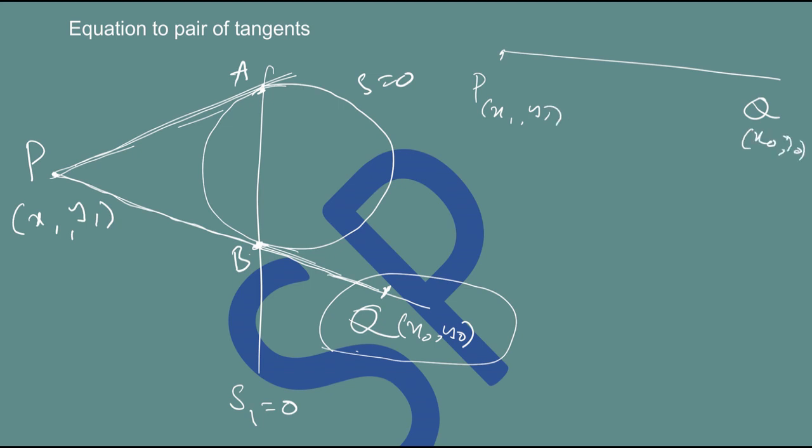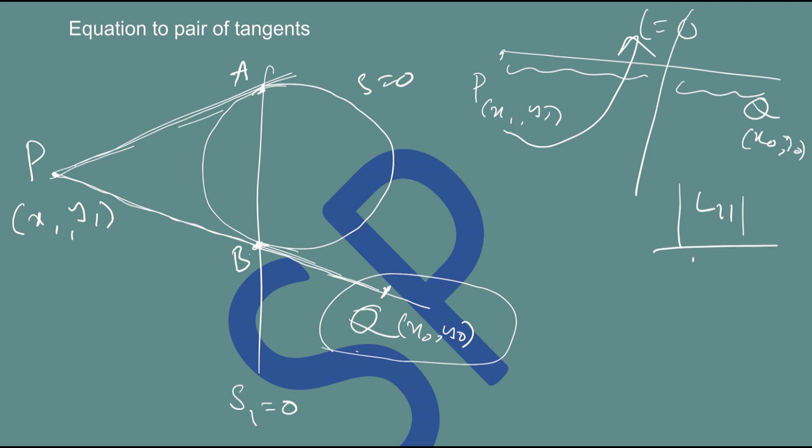In first year we saw that if a line L equal to 0 is dividing the line segment joining two points, then the ratio is nothing but mod of L11, meaning this point in this line, by mod of L00, meaning this point in this line. Remember? So that is what I do here.